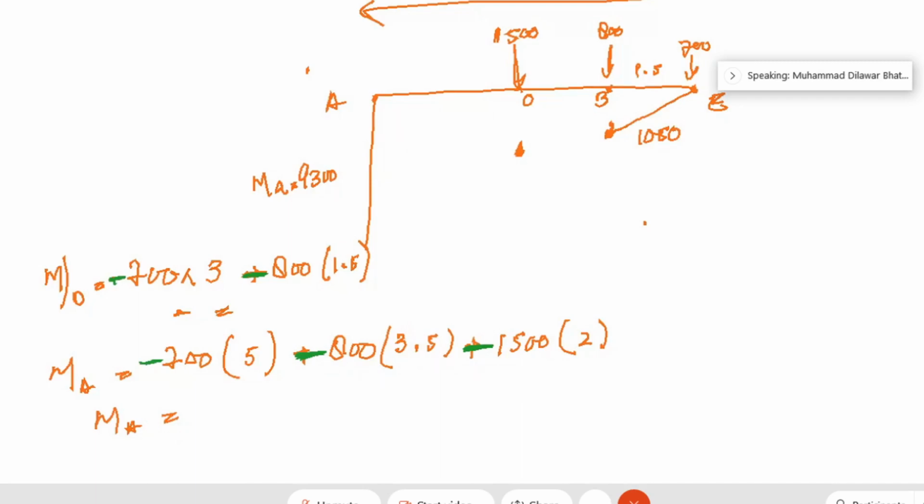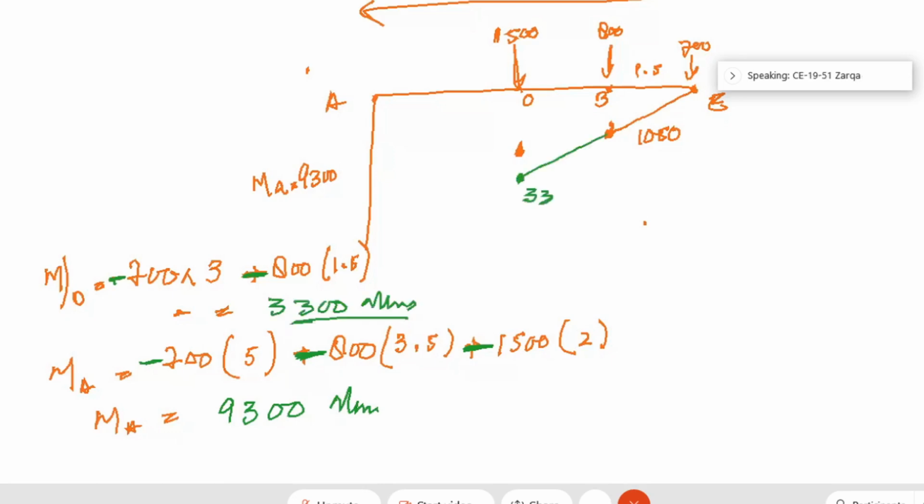So MD will be 3,300 and MA will be 9,300. Negative both. 9,300 Newton meter, and MD will be minus 3,300.